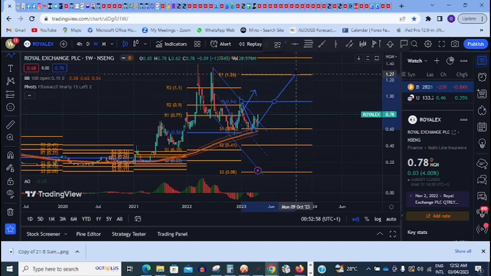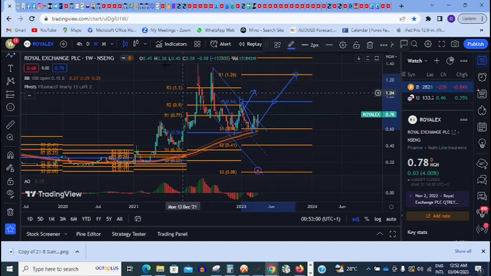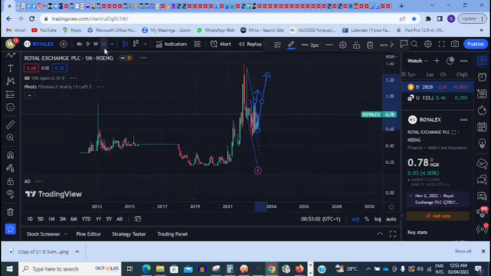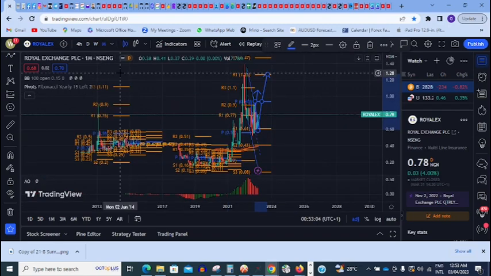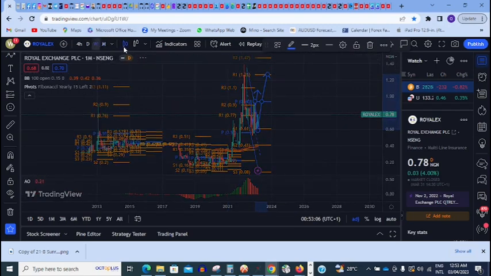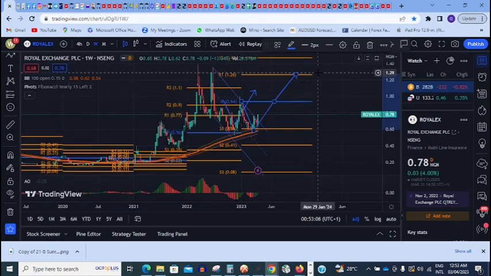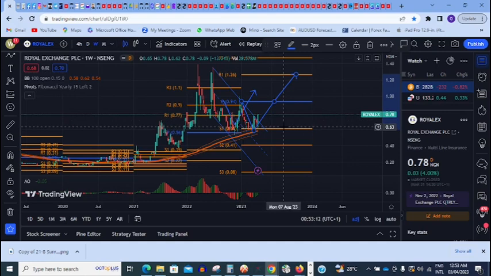Let me check the monthly. Okay, it is a possibility, but if you can get it at maybe 62 kobo, then your first profit target is at 93 kobo, then your second profit target is at 1 naira 28 kobo.